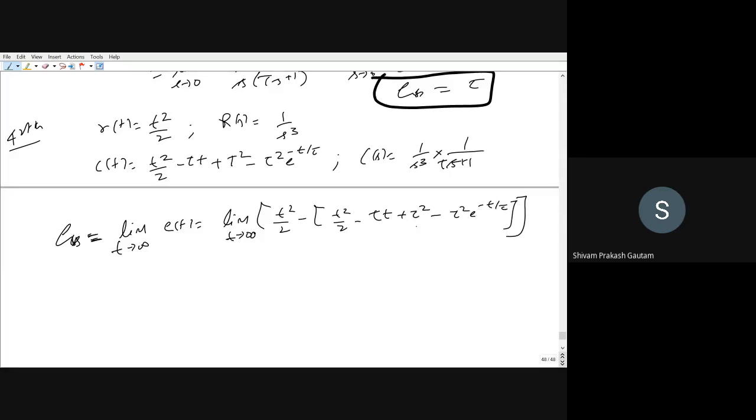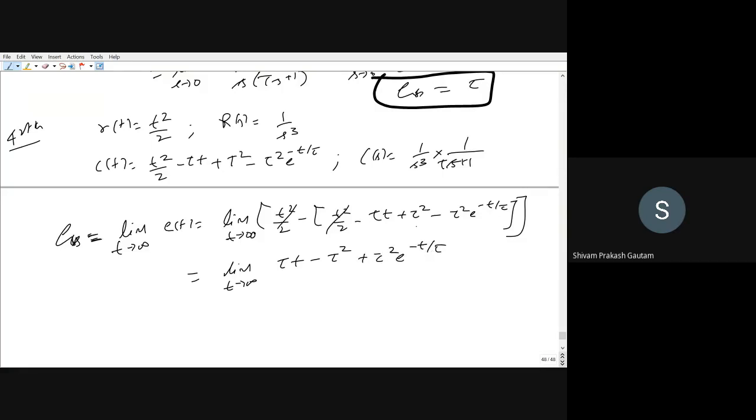When you open the bracket, this t square by 2 will cancel out. Now when you put the limit t tends to infinity, we have tau t minus tau square plus tau square e to the power minus t by tau.